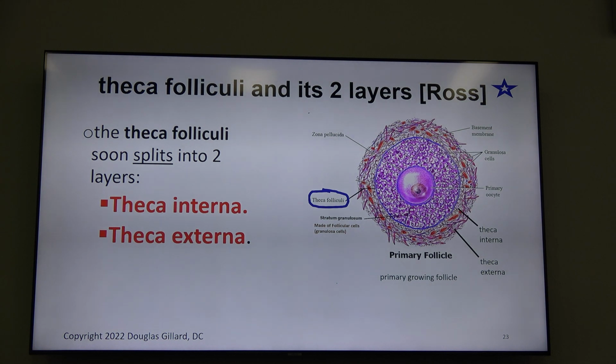There's other stuff too, there's collagen in there and blood vessels. Theca interna is just filled with blood vessels, and it doesn't squeeze. It's just supplying, keeping the little creature alive, the primary follicle alive.